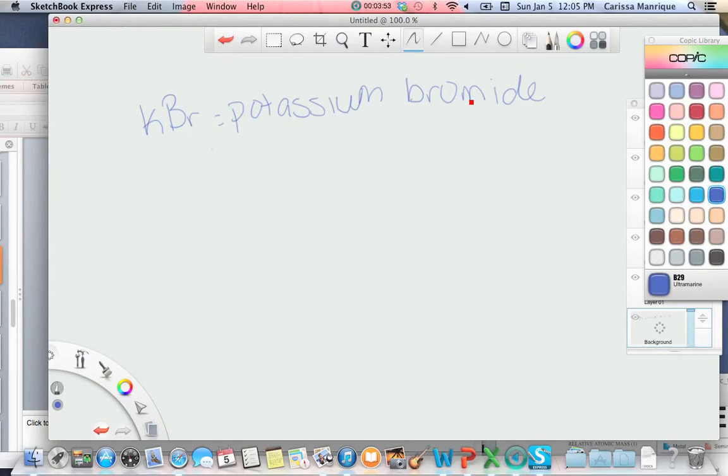Okay, and the next example we had over there was Li2O. So we don't do anything with these twos, not with main group. We just remember to name the metal, which is lithium.